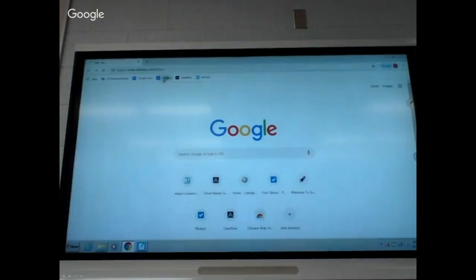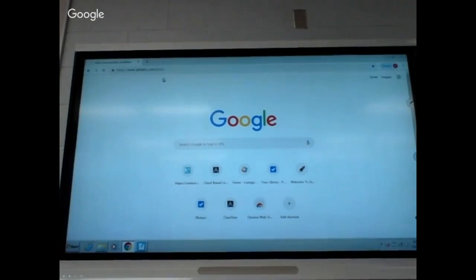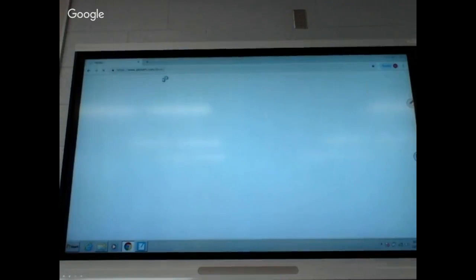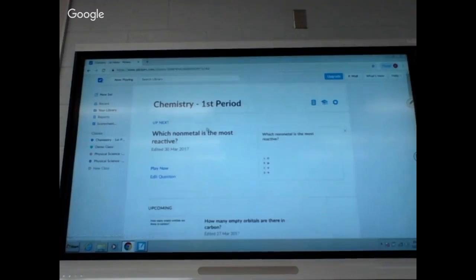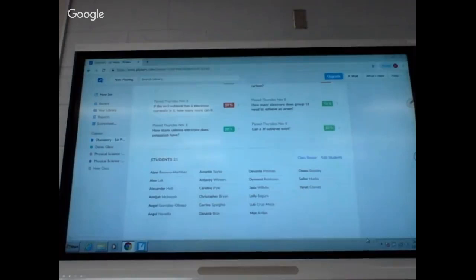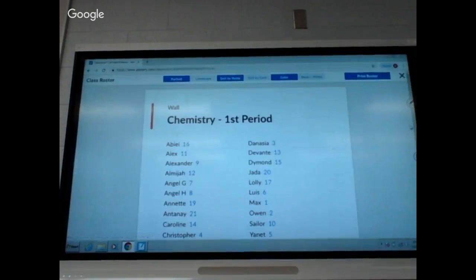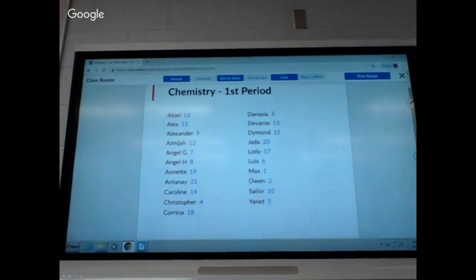You're not 14, Devontae. You're 13 in this group.